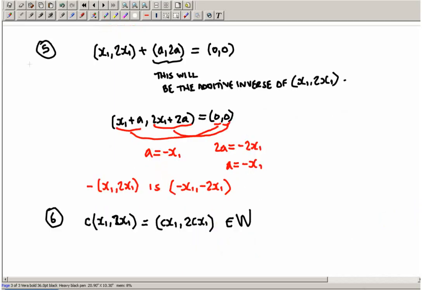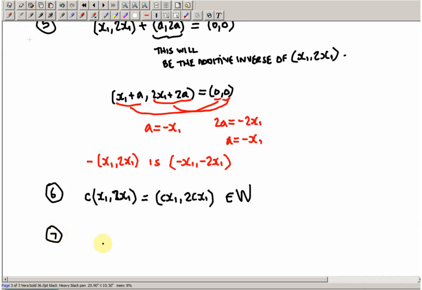Property number 7. That's the distributive property. Pick two vectors and one scalar. Property number 8 will be two scalars with one vector. So here is a scalar and two vectors: x1, 2x1 plus x2, 2x2. And just multiply this out.